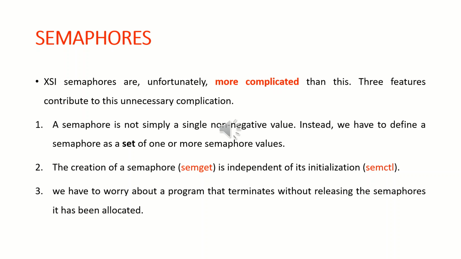Next, the creation of a semaphore with the semget function is independent of its initialization, which is done with the semctl function. This is a fatal flaw, since we cannot atomically create a new semaphore set and initialize all the values in the set.